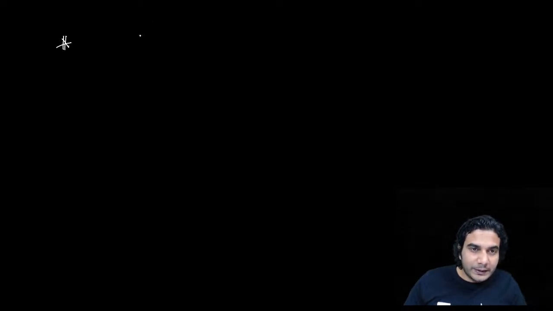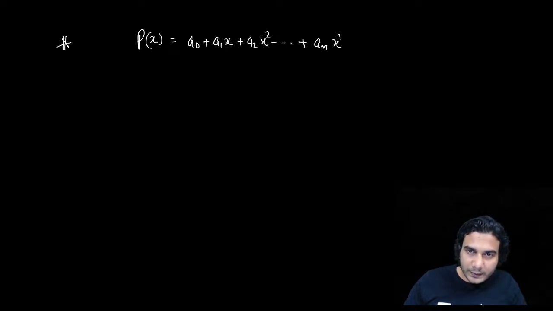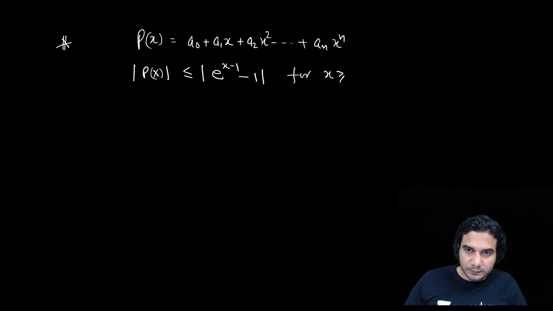So in this, p(x) was given as a0 plus a1x plus a2x square and so on up to an x raised to n. This was pn, okay? And mod of p(x) was given less than or equal to mod of e raised to x minus 1, whole mod, for all x greater than or equal to 0.